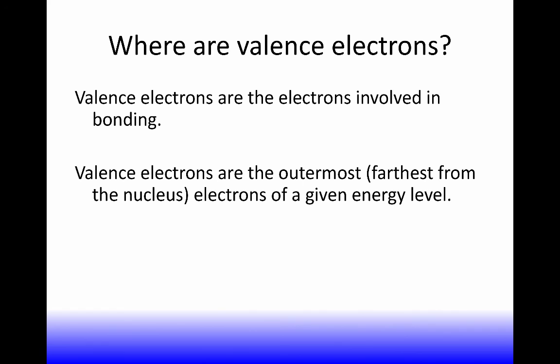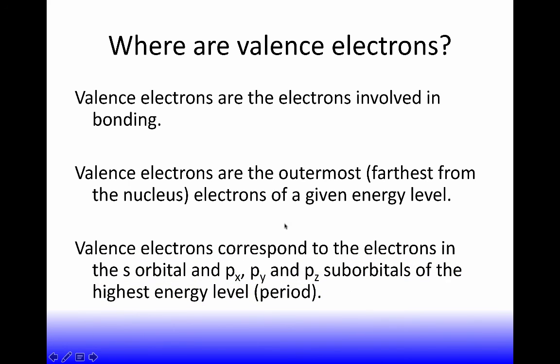So only the outermost electrons, those are the electrons in the highest period that the element is found in, only those electrons in the s and p orbitals there have any chance of bonding. So valence electrons correspond to the electrons in the s orbital and the px, py, pz suborbitals of the highest energy level where your element is found. That is what period it's found in.